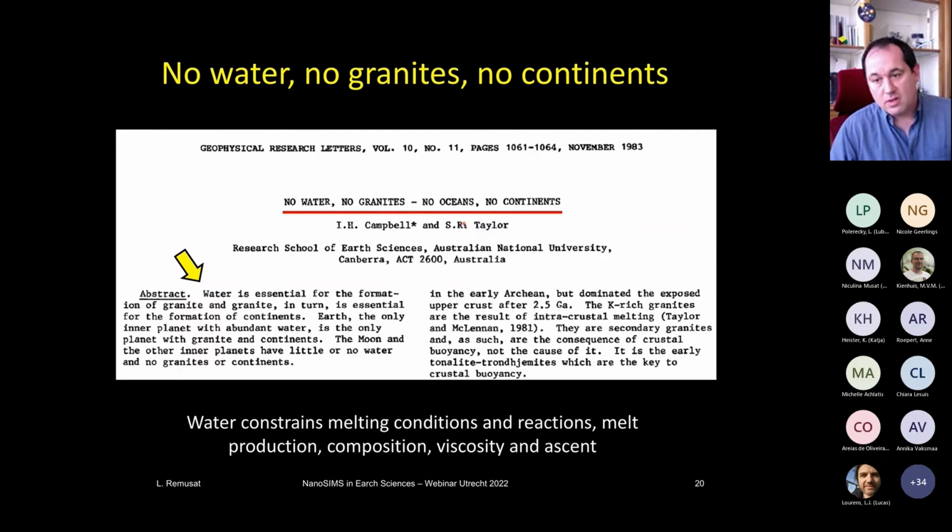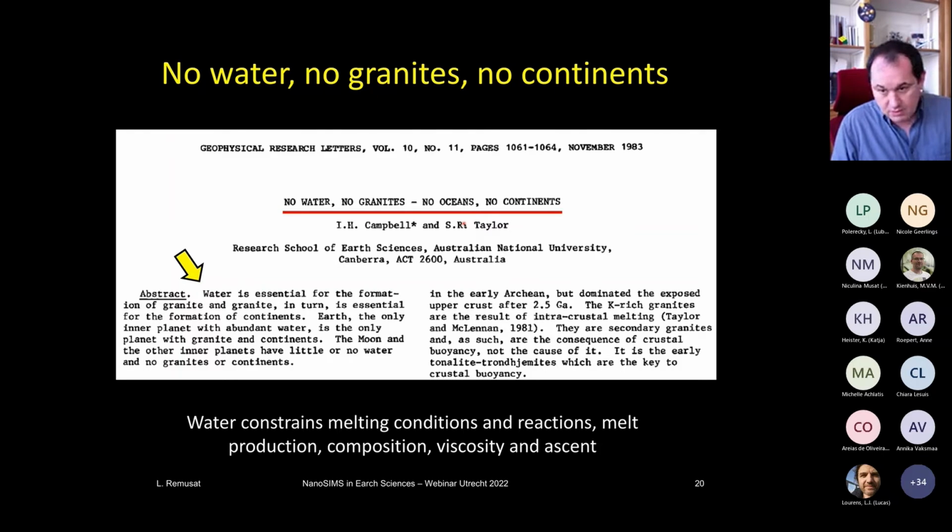It has been known for a long time that water helps the partial melting of the base of the crust to form granitic liquid that is then going to crystallize into a granite assemblage.